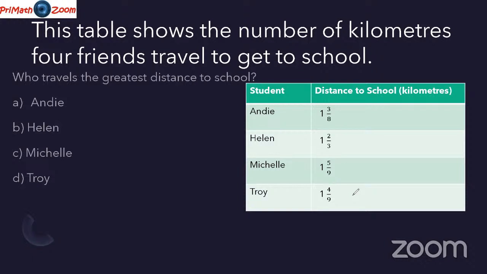So I see persons are sharing how to solve this. But first, KK had said, let us use 72 as our denominator. So yes, what is common is that each of them has one whole. So let us just compare the fractional parts. Let's compare the fractional parts. And of course, we can also convert this into an improper fraction.